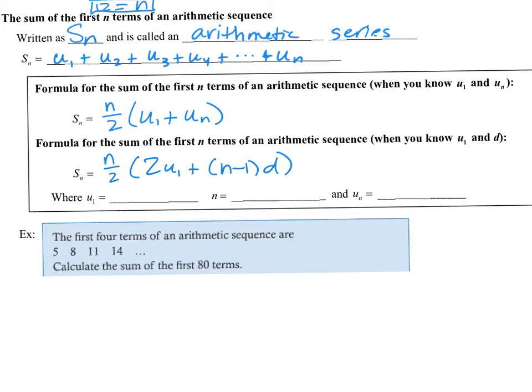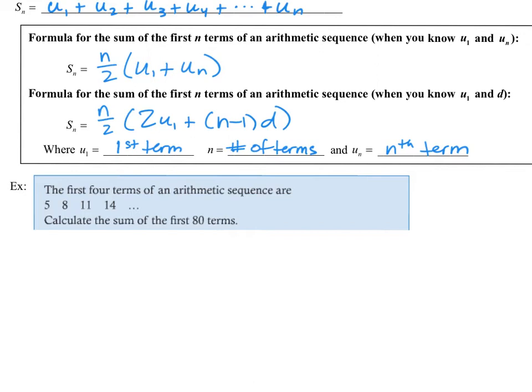So let's identify all these parts of these formulas. u sub 1 will always represent the first term. n always represents the number of terms, and u sub n represents the nth term.